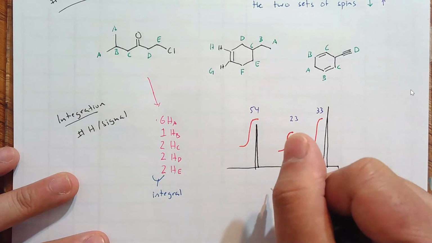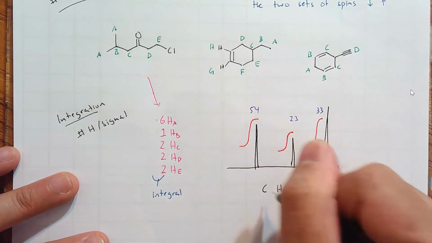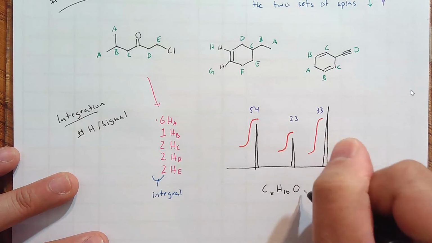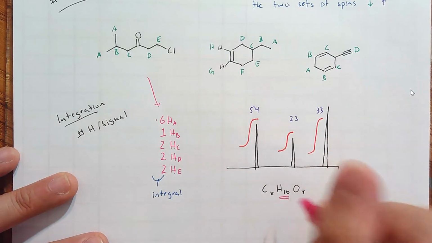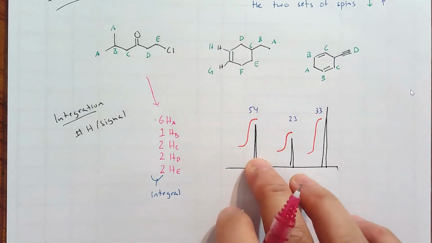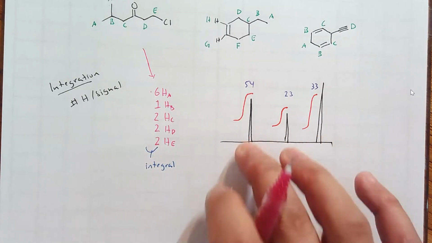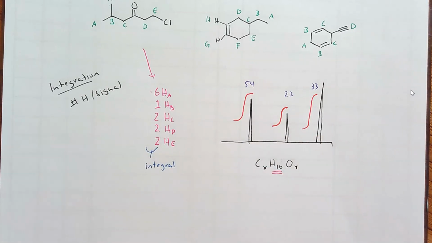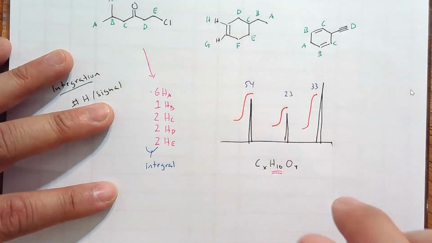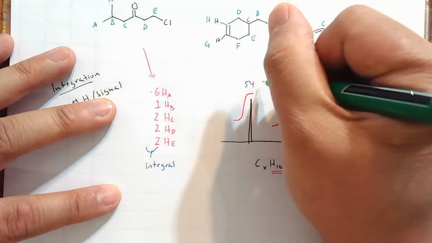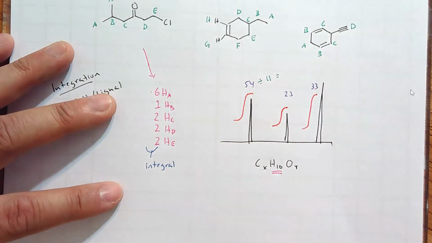If I know that I have, let's first say, 10 hydrogens, I don't know that, but I know 10, the integrals should represent 10 hydrogens. So how do I do that? I divide it by a common factor. So if I divide this by 11, it's going to be approximate.